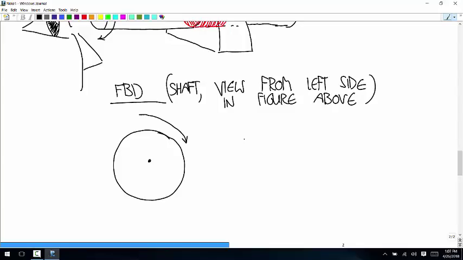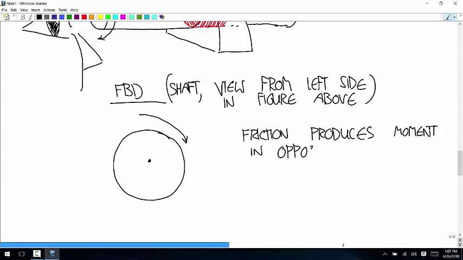Okay, so that friction produces a moment in the opposite direction of the rotation.